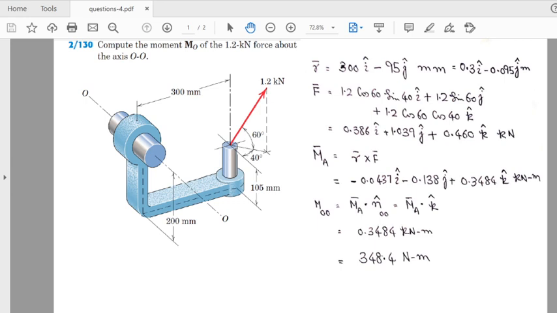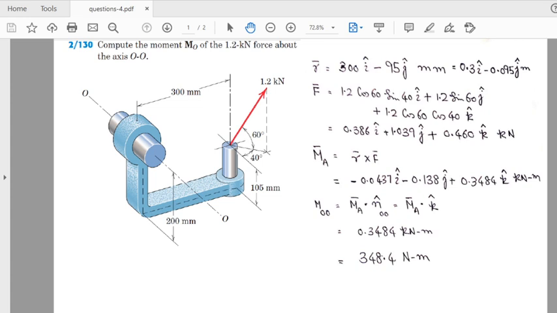So as we discussed in the theory, when we are to find the moment about a line, we first have to find moment about a point on that line, and after that we will just take dot product with the moment about that point with the unit vector along that line, and that is going to give us the moment produced by the force about that line.